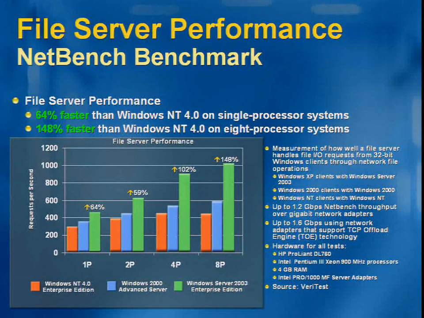You'll also notice that as you increase the number of processors on the system, the relative percentage improvement increases on Windows Server 2003. Basically, where we've been having a lot of our innovations and gaining a lot of our performance benefits is in being more efficient in how we do our network accesses, and we've also made lots of changes in the core operating system kernel itself to improve scalability as you increase the number of processors.